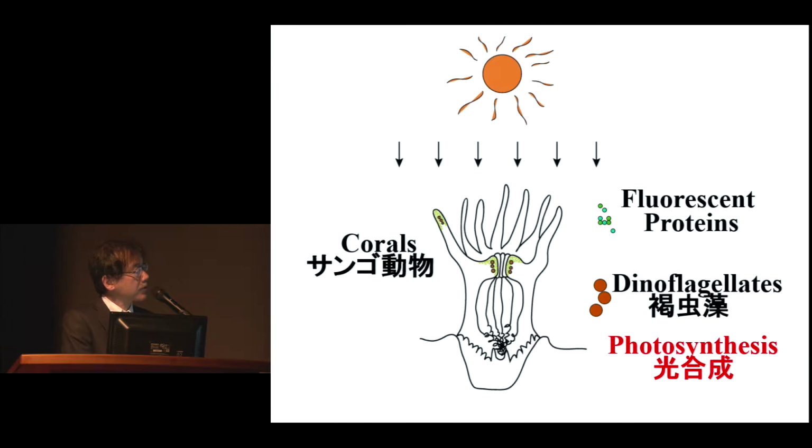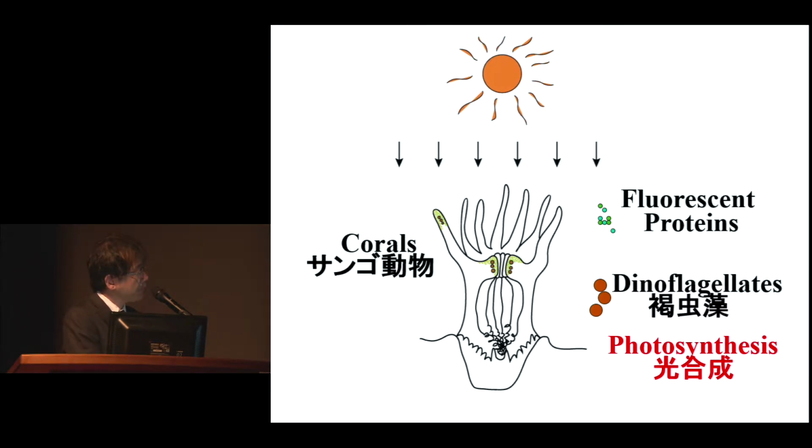Okay. And some of them form symbiotic relationships with corals. And the dinoflagellates carry out photosynthesis and give the products, the oxygen and the nutriments, to coral animals. However, dinoflagellates are very sensitive to UV light, ultraviolet light.